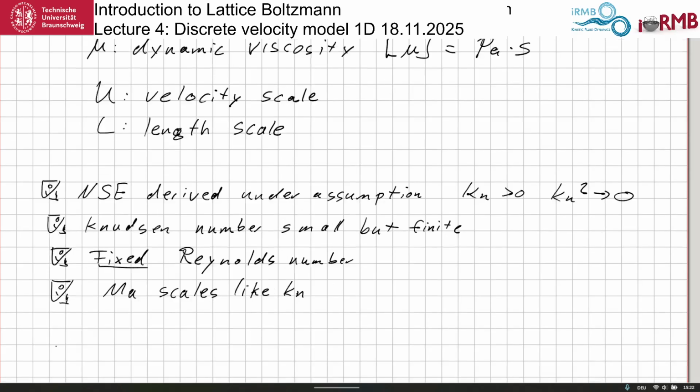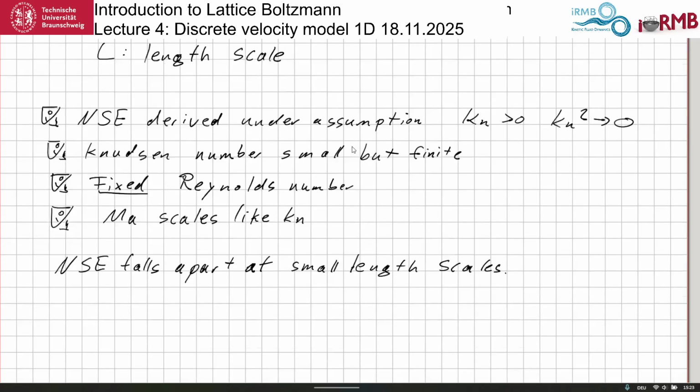So these are assumptions that go into what we are doing. And something that I also like to remind us: the Navier-Stokes equation is a very useful thing, but it's not almighty. The Navier-Stokes equation falls apart at small length scales, where we go to the scales of the mean free path, obviously. Because then the Knudsen number being small is no longer the case.